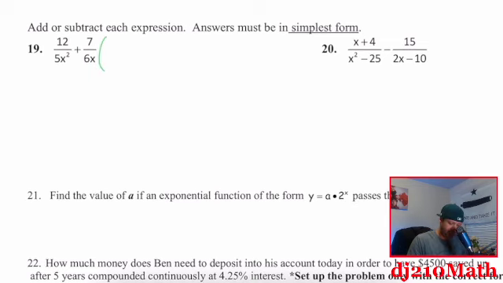Well, the best way to do this is to just try to match what is in the other denominator. So the other side has a 5 and the other side has x squared. Well, the 6x already has an x. So we'll just say 5x. Right? That will make x squared and then it's multiplied by 5.